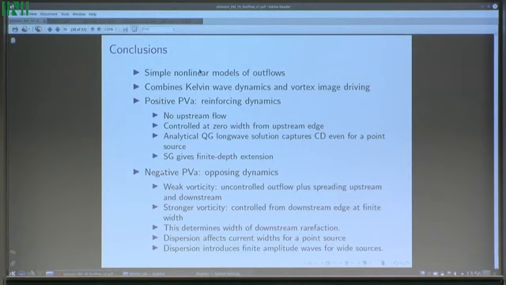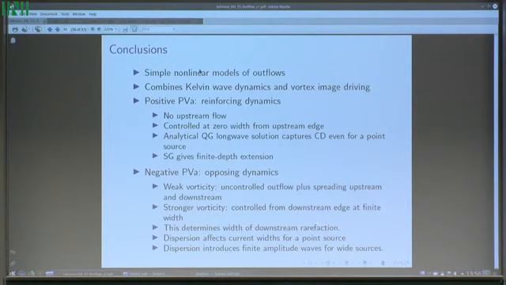If the vorticity was weak, then we got uncontrolled flow, and the flow just spread outwards without limit. As we strengthened the vorticity, the flow became controlled at the downstream edge and gave us a finite width downstream rarefaction.